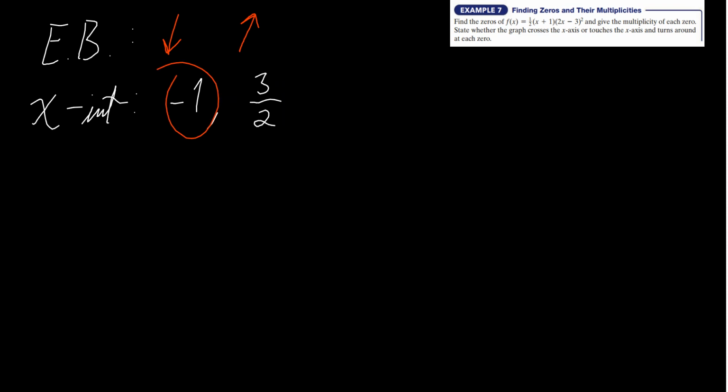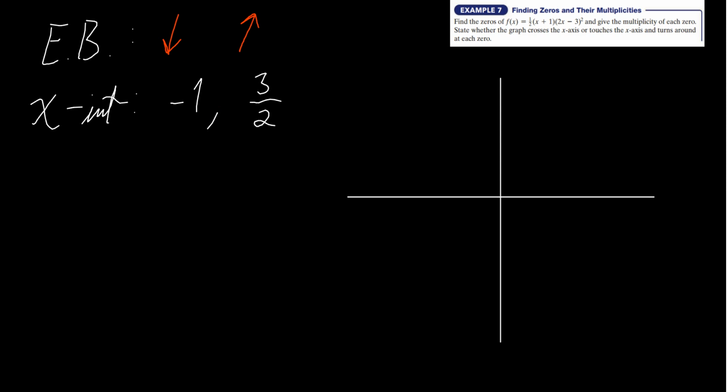Let's go ahead and draw the graph before we even look at the picture. I know that my end behavior looks something like this. I know that I have a 0 here at negative 1, and I know I have a 0 here at a positive 3/2, so positive 1.5.